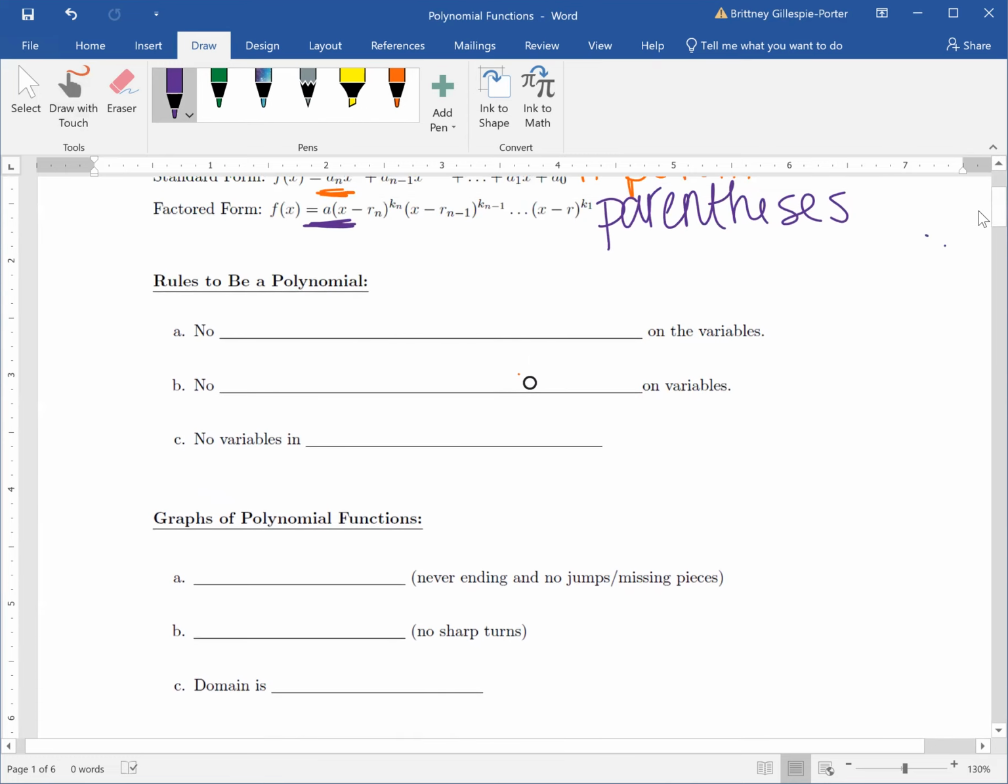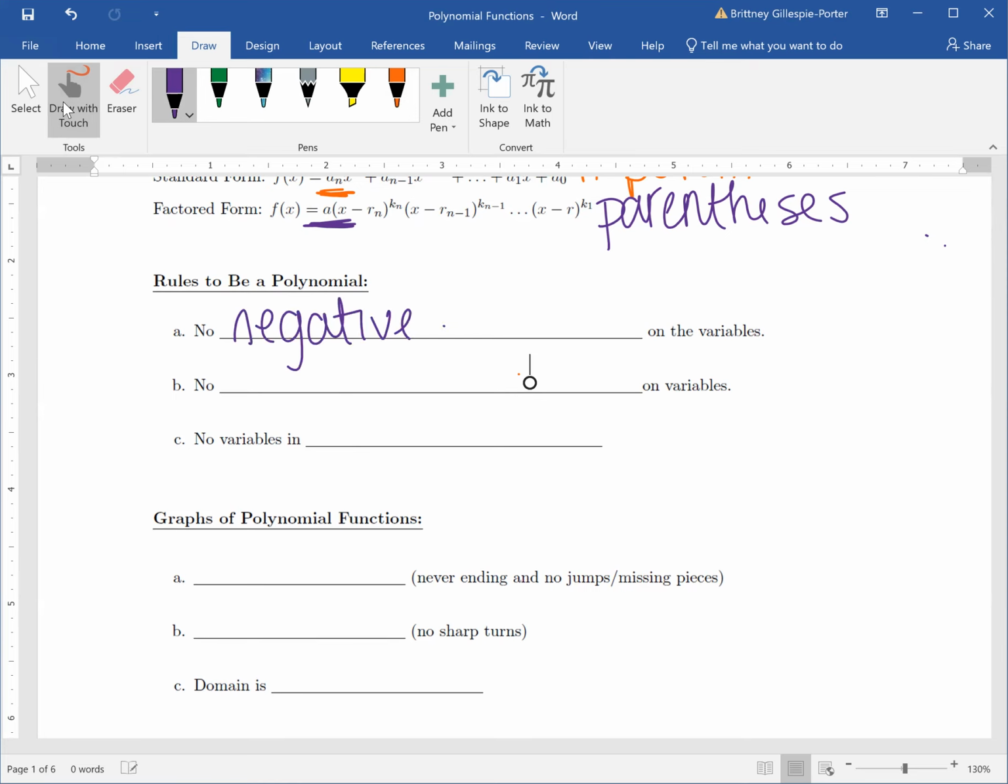Now you may be thinking to yourself, what is a polynomial? Well, polynomials are so diverse and widespread that it's kind of easier to tell you what a polynomial is not. So here are your rules to be a polynomial. You have no negative exponents on the variables. Negative exponents, definitely not okay to be a polynomial.